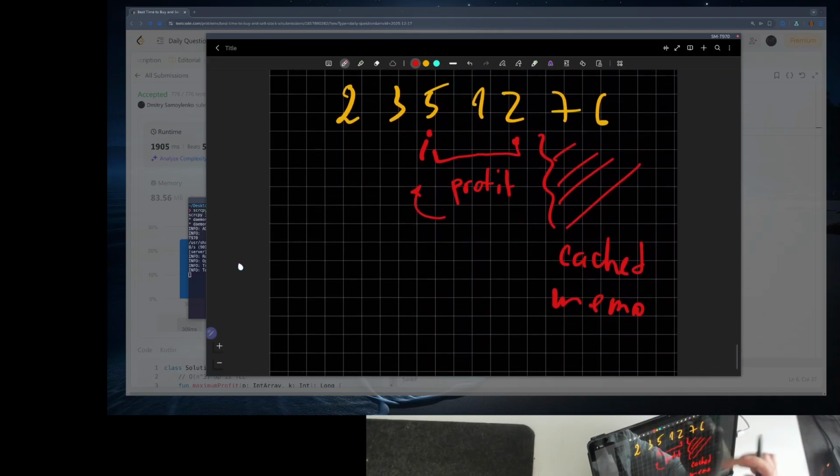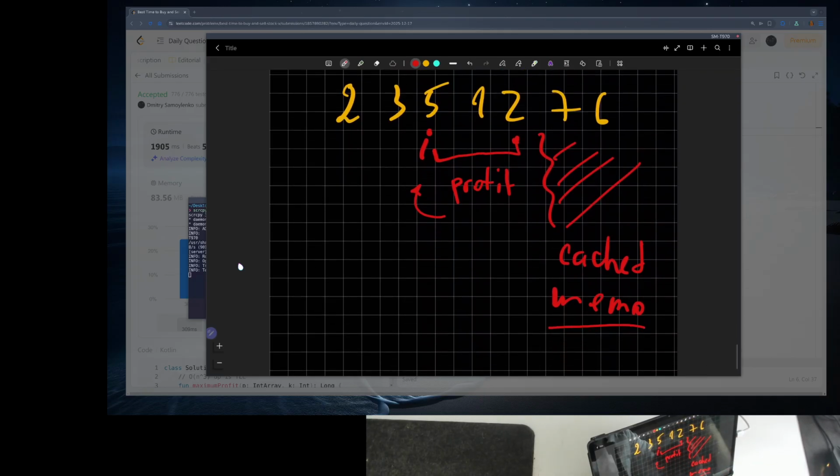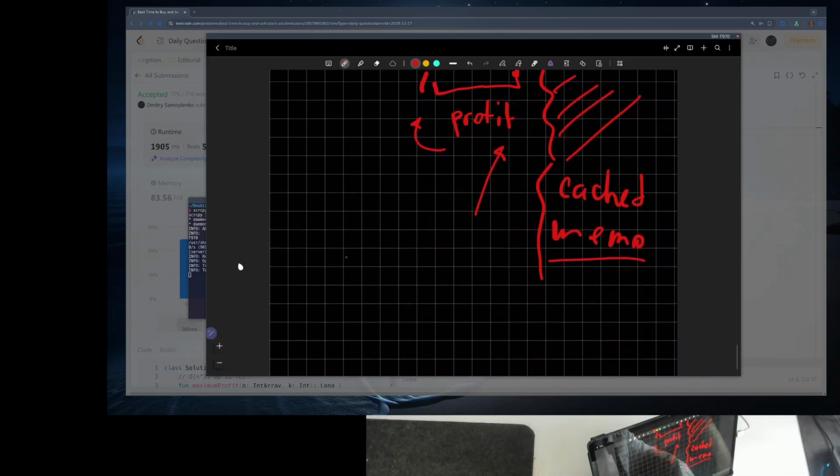And this memo can only be encoded if we close the deal before the memoization. And to close the deal, you have to do it inside DP.